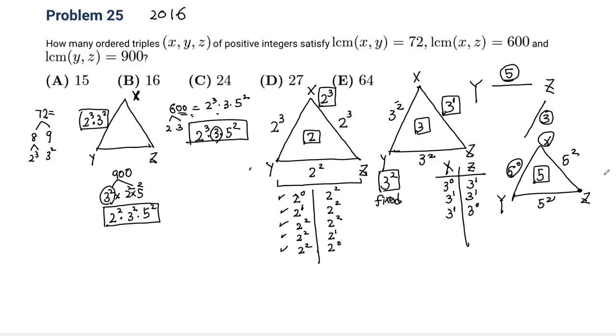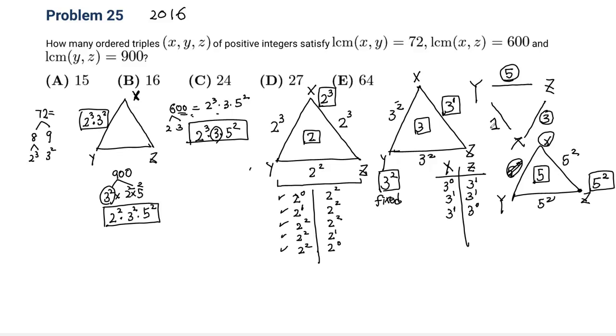So g must have the factor of 5, right? That's only one case, because x and y don't have 5. Only one case.